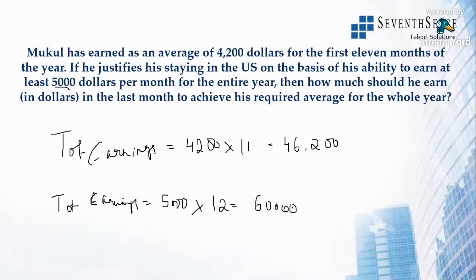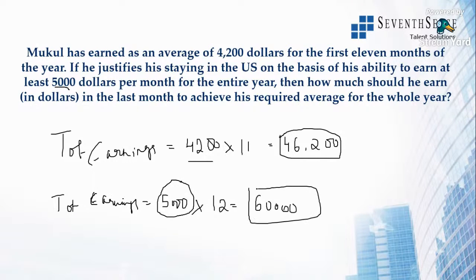Now, this is the major understanding here. First, he is earning 4,200 every month on an average for 11 months. For 11 months, total earnings will be 46,200. Suppose he had earned $5,000 every month for 1 year, it would be 60,000.